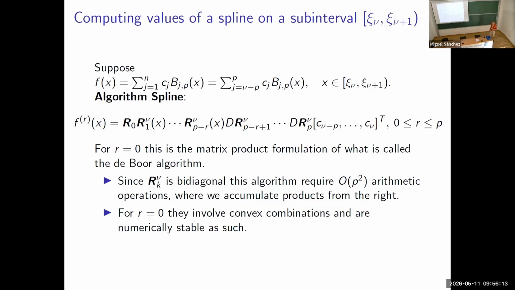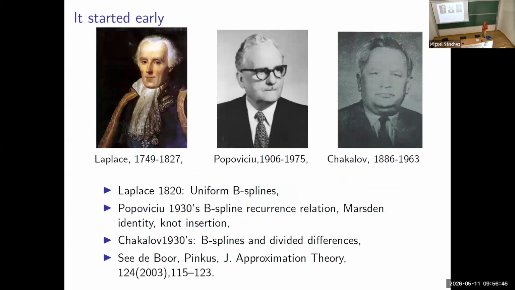And for r equal to 0, this involves only convex combinations, so it is numerically stable as such. I mean, the c's could have different signs, right? So this is the algorithm. Now we know how to compute any derivative of any collection of B-splines at the point x.